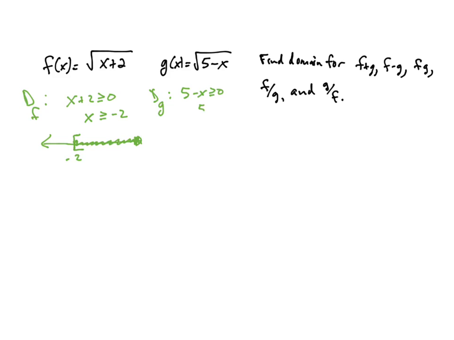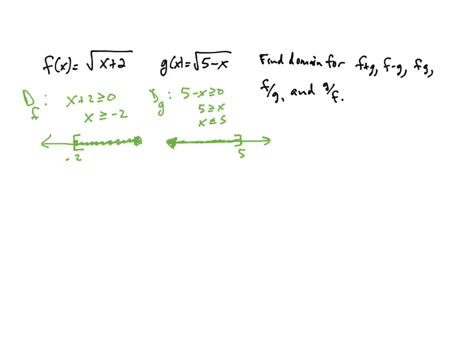We get 5 greater than or equal to x. A lot of times we like to write the x on the left side, so x is less than or equal to 5. So on the number line, x is everything less than or equal to 5. So there's the domain on the number line.